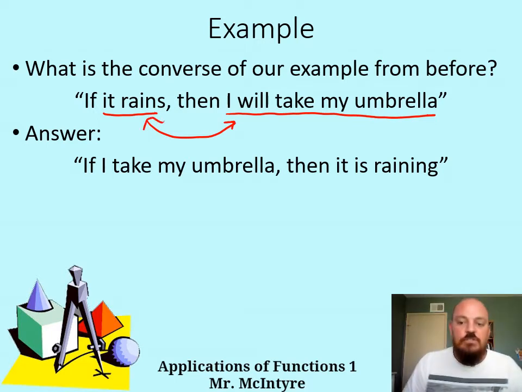Now notice I didn't just switch them and copy them word for word. I didn't say, if I will take my umbrella, then it rains. Because that doesn't really make sense. Like the English language of it doesn't make sense. So I reworded it a little bit, but I took the concept. I said, if I take my umbrella, then it's raining out. And that way it makes sense language-wise. You don't just recopy the exact words and switch their spots, because sometimes it sounds funny.